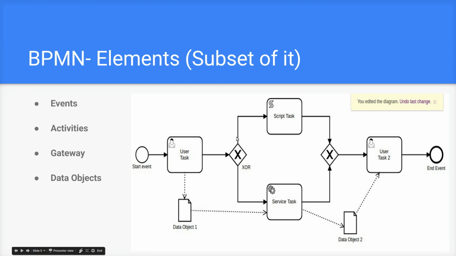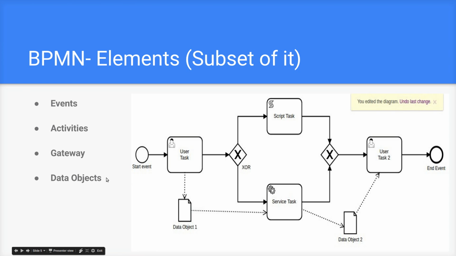If the condition is true, it might take this path, user task, script task and user task 2, or user task, service task and user task 2. So basically what it means is a business process has a branching here, and this is like the closing branching. It starts here, so it's like the mirror of this. So it can either go this way or this way, and then it goes to the third way.